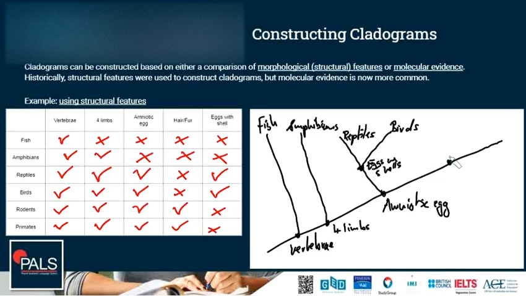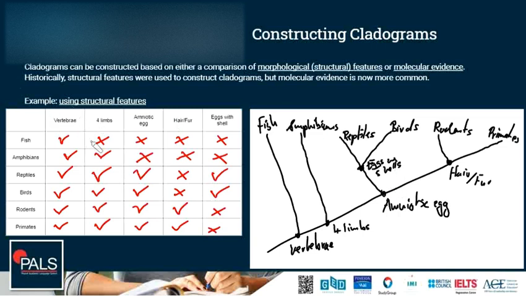And then we have another common ancestor of the rodents and the primates, who had hair or fur. And we have constructed our cladogram.